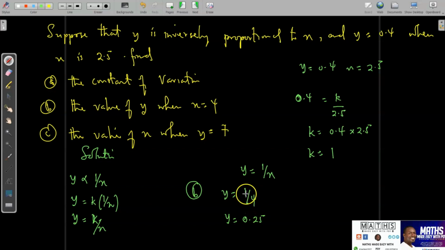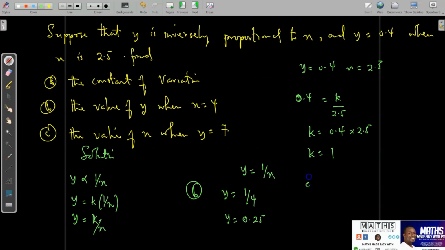For instance, if you convert 1/3 into decimals, it will give you 0.33333, which is a recurring decimal. So I wouldn't like you to write it as 0.33 or 0.333. It is best for you to leave the answer as 1 out of 3. But if it is a terminating decimal, then you can write it in fraction form or decimal form. So that is how we answer the B part of the question.